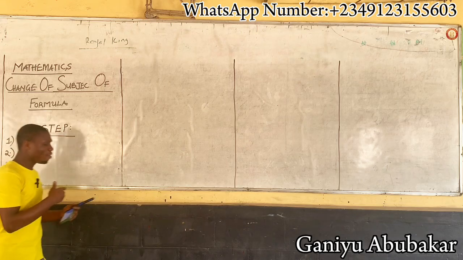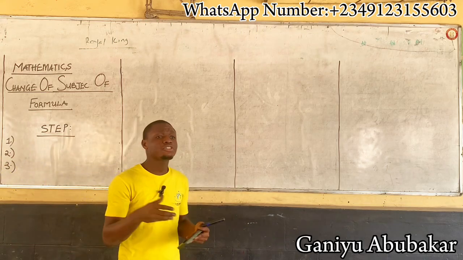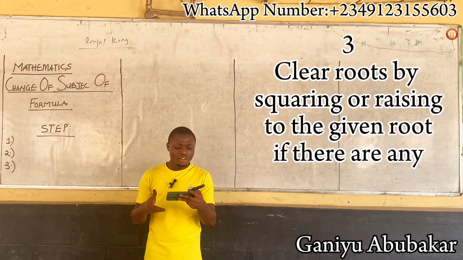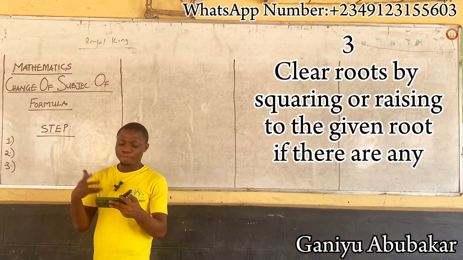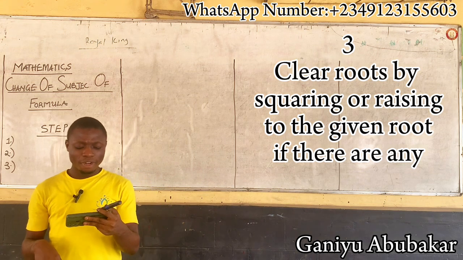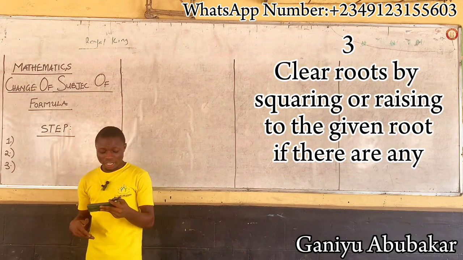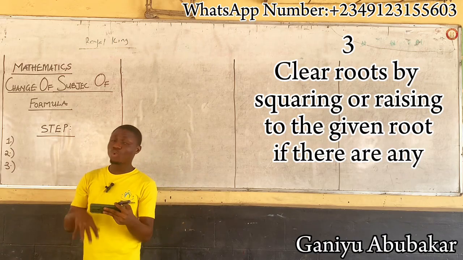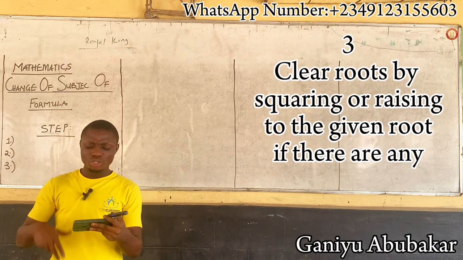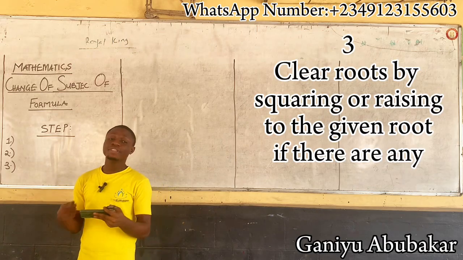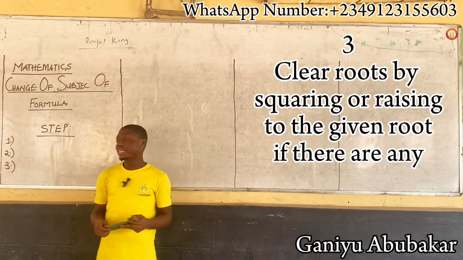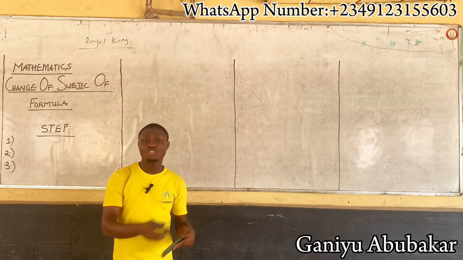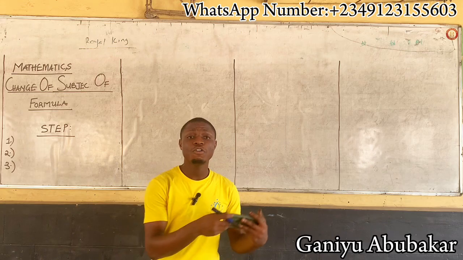Step 3 says clear roots by squaring or raising to the given root, if there are any. So those are your 3 steps involved in the understanding of change of subject of formula.